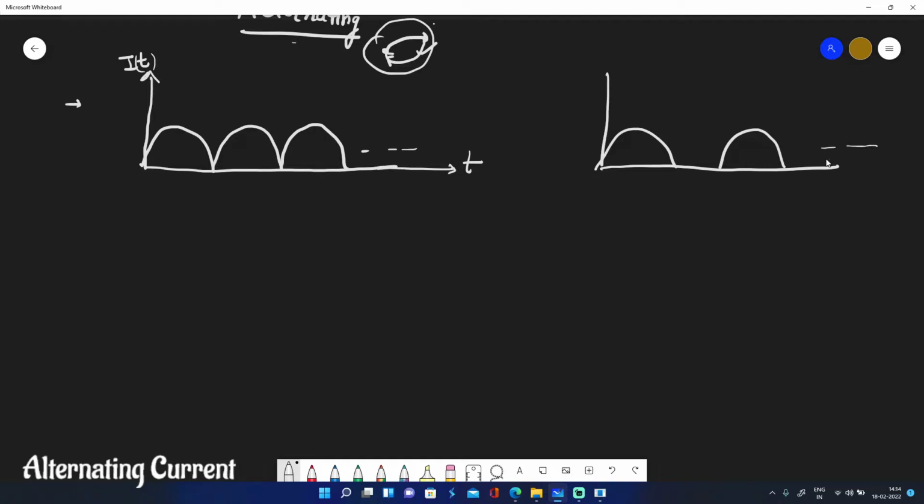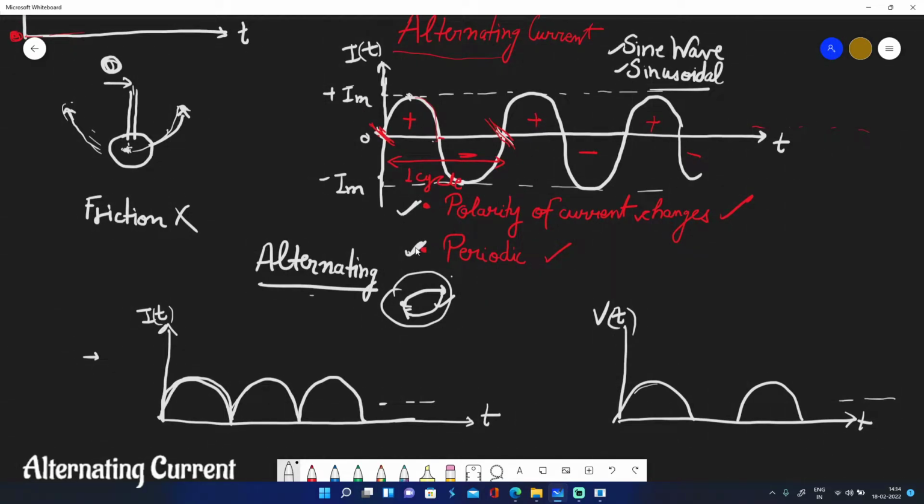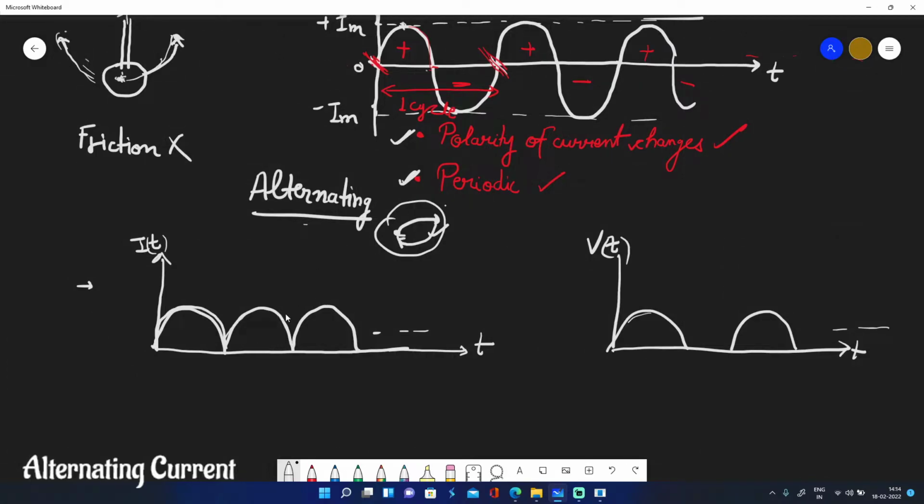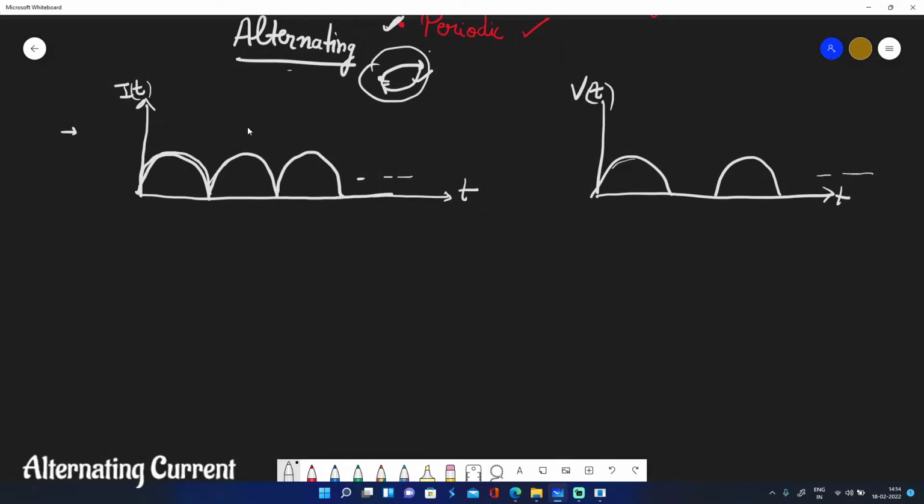Are they becoming negative? Is the polarity of these values changing? Are they going negative? No. So one of the conditions is not met. They are periodic, but it doesn't matter. Even though they are periodic, the polarity isn't changing, so we can't call them AC.